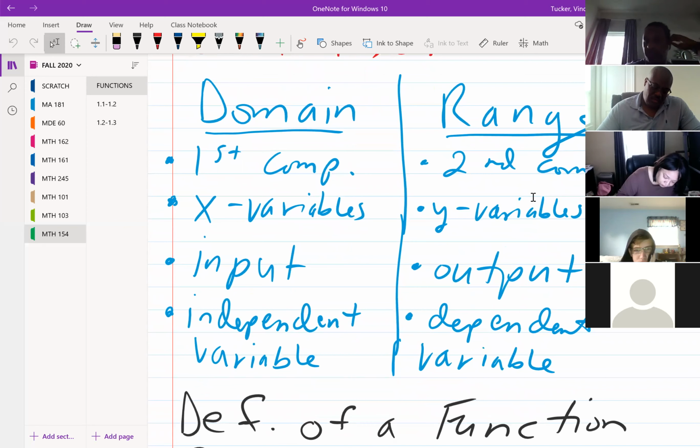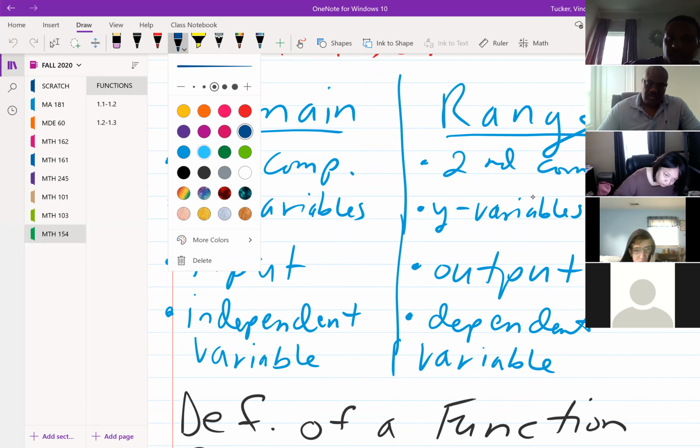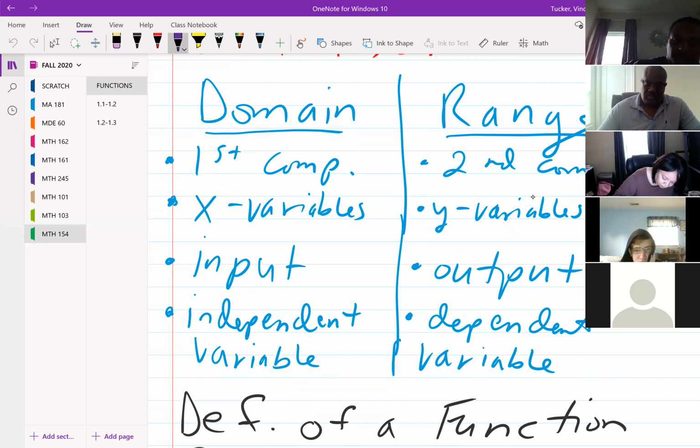Domain will be your independent variable. Your range will be your dependent variable. So your range depends on the domain. Also, domain will be your horizontal axis, range, your vertical.